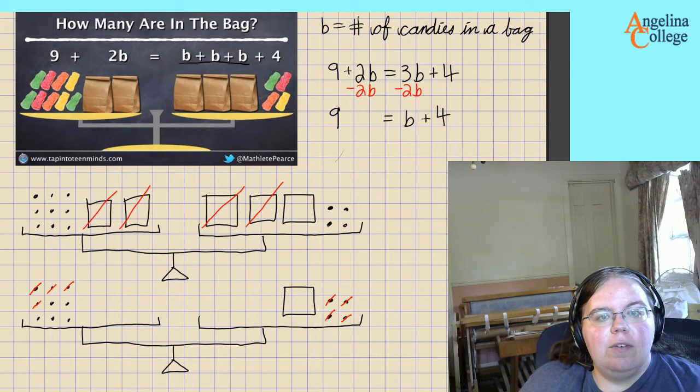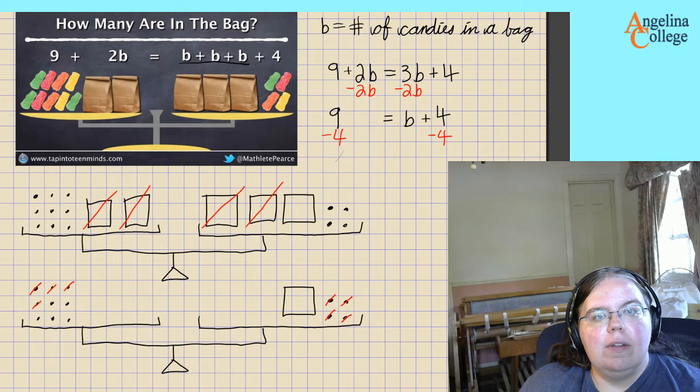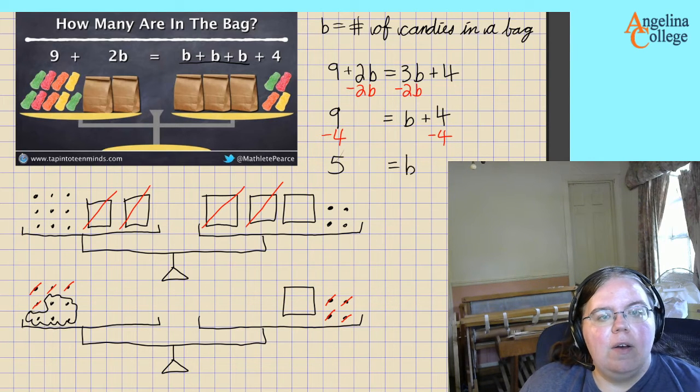And again, we can do that symbolically, subtracting 4 on each side like so. And so we expect that 5, just like right here, would be the amount of candy in 1 bag.